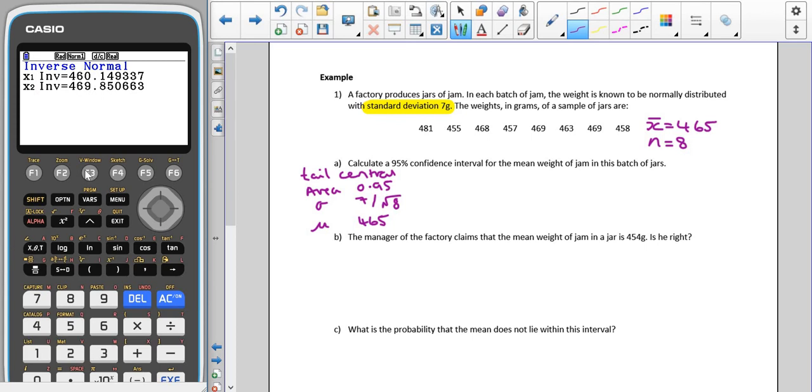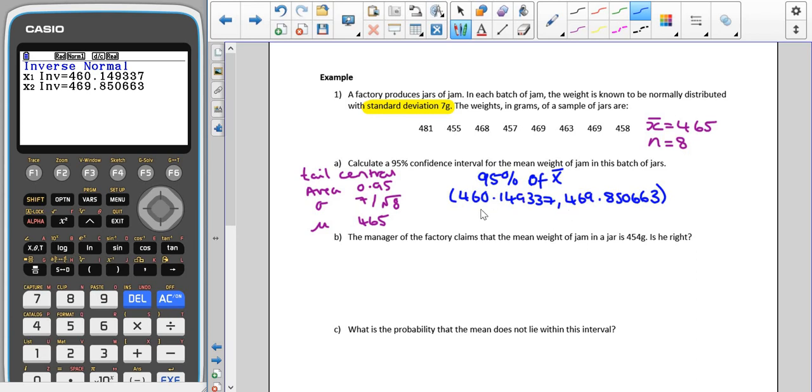So that tells us that 95% of the means of our sample are going to lie between 460.149337 and 469.850663.